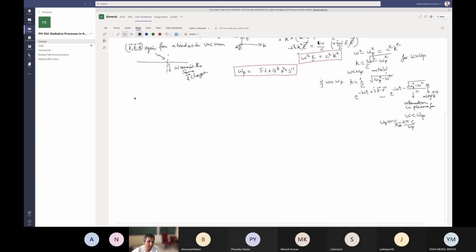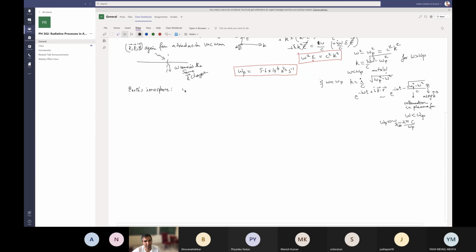Now this has very important implications actually. This fact that waves are reflected by a plasma has important implications because Earth has something called an ionosphere. Above the atmosphere, because of ionizing radiation coming, or because of particles hitting the Earth, there is this layer of the Earth that is ionized.